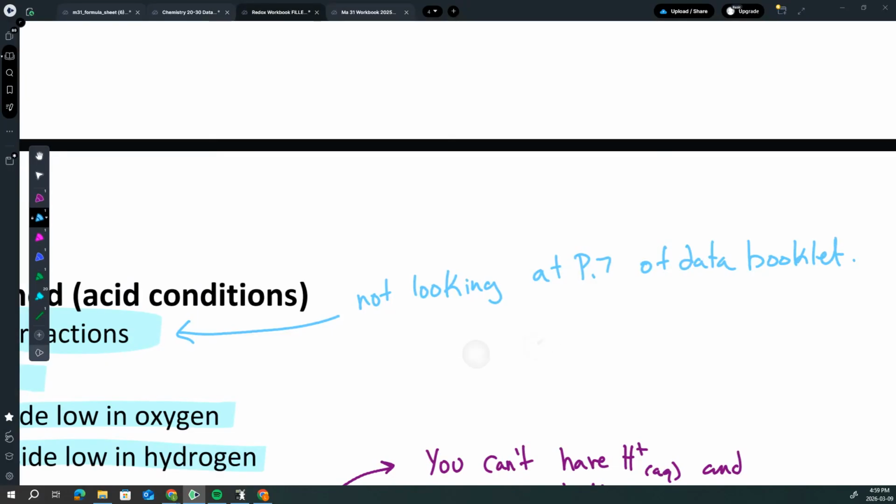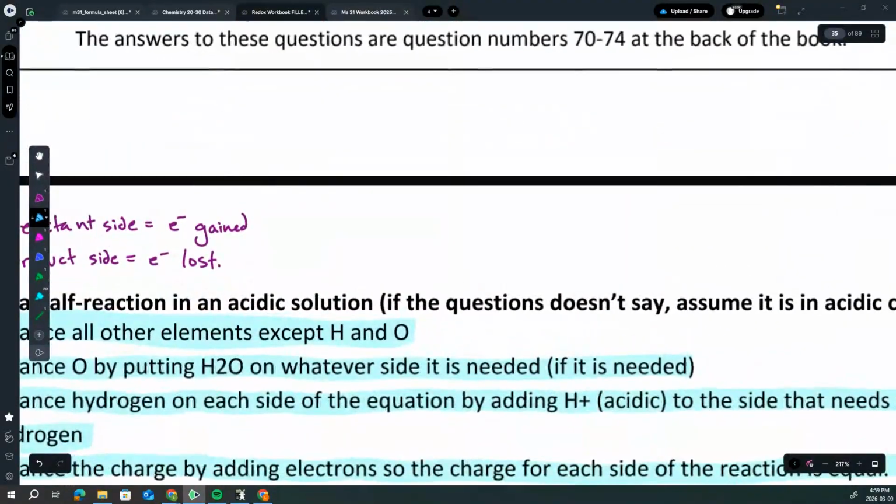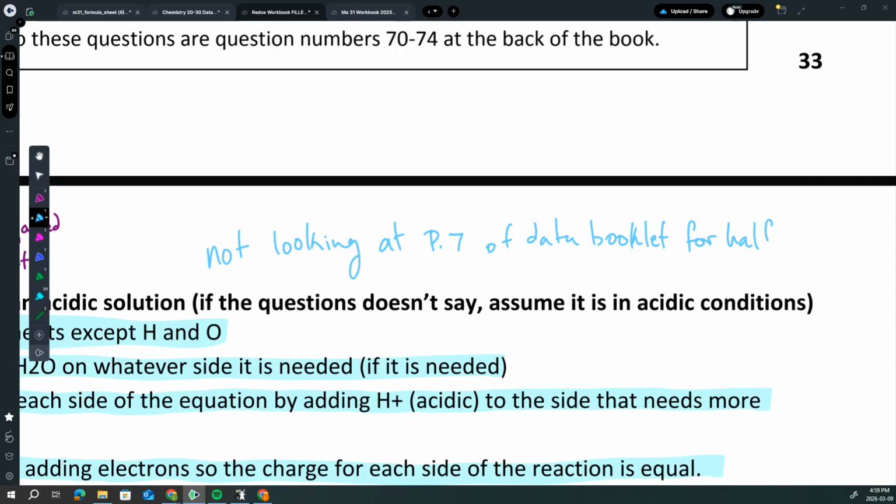Okay, so let's add that also to the previous page here. So RXN, just this means reactions.